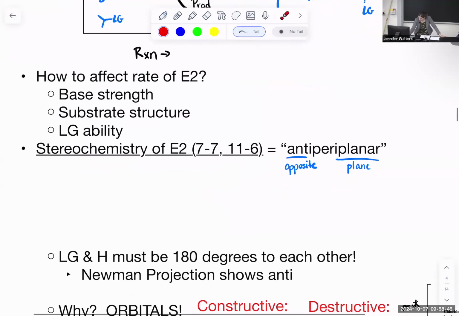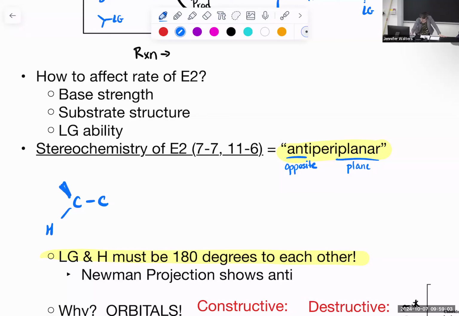So it's telling me that my leaving group and my hydrogen must be 180 degrees from each other. That's what anti-periplanar means. So when I look at my substrate, if I were to draw a Newman projection, and I look at it like I'm looking down the left-hand side.